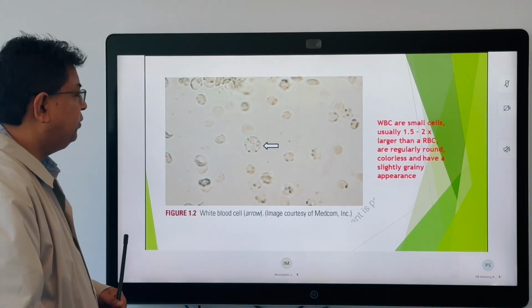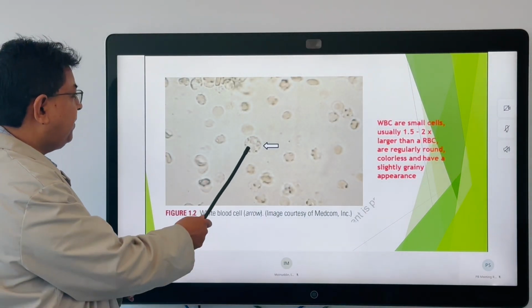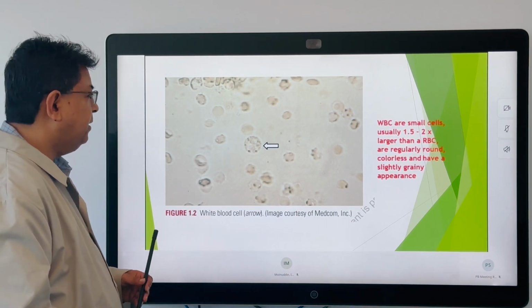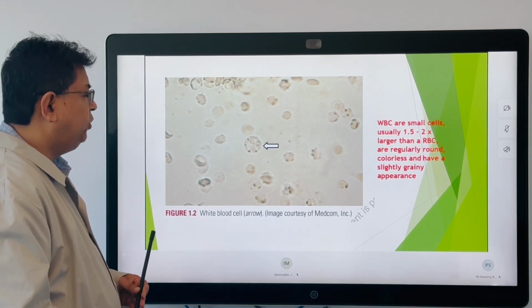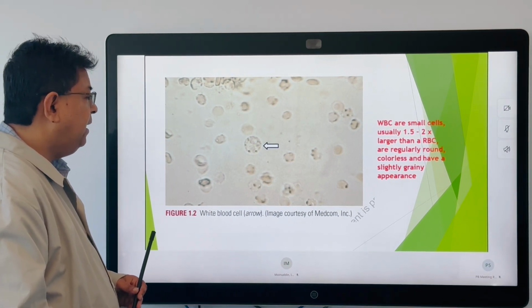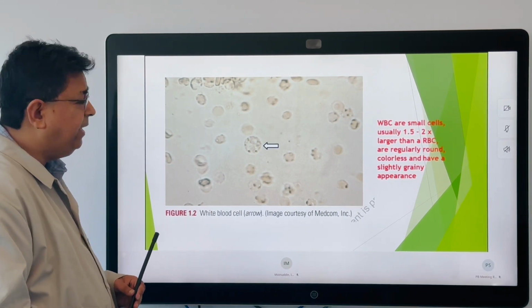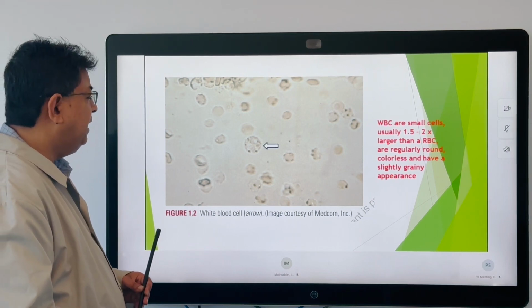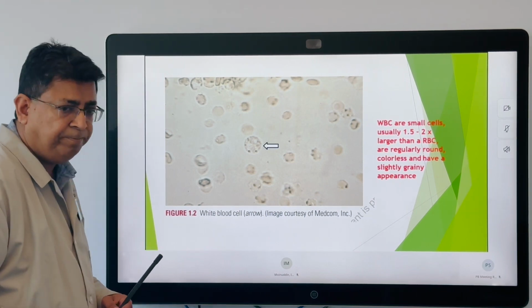This is the appearance of a white blood cell. White blood cells are small cells, usually 1.5 to 2 times larger than a red blood cell, are regularly round, colorless because they do not have heme pigment, and have a slightly grainy appearance.